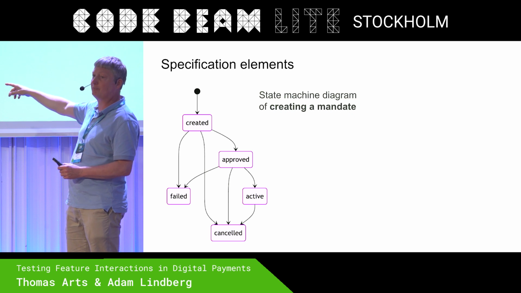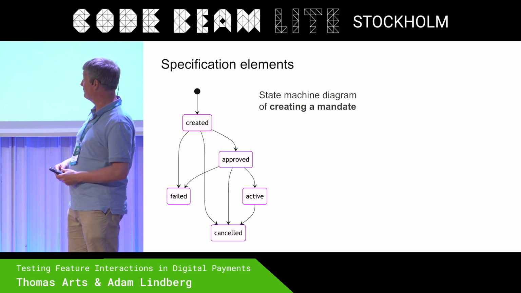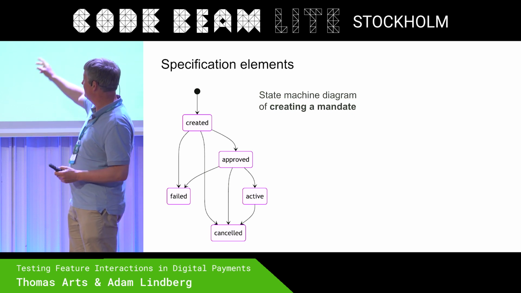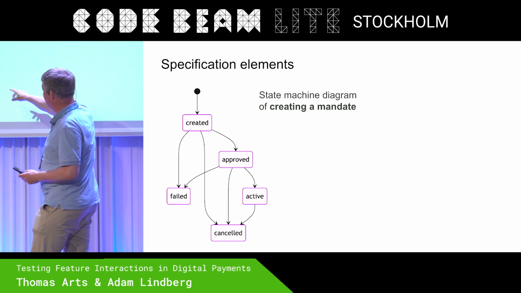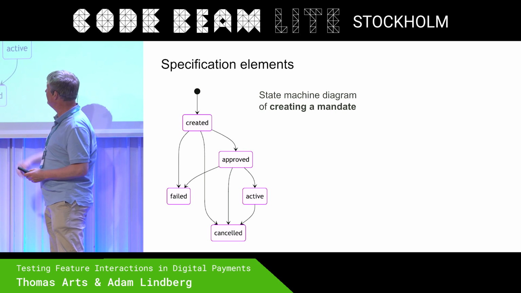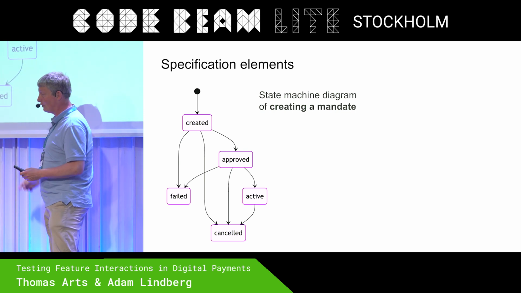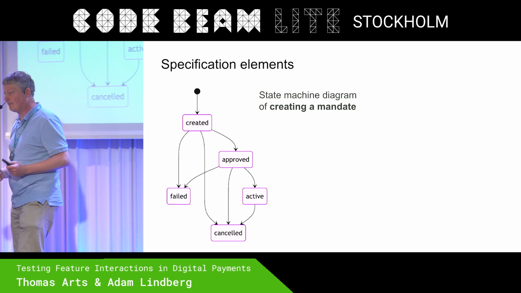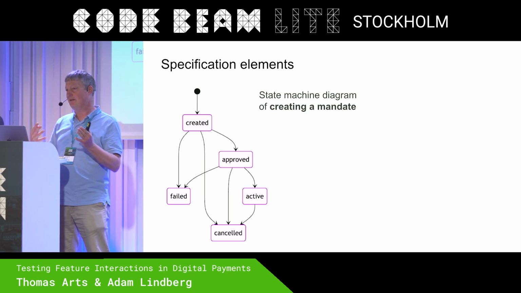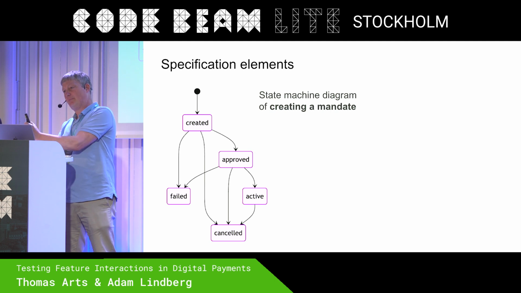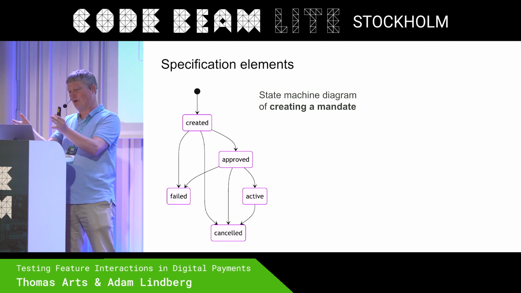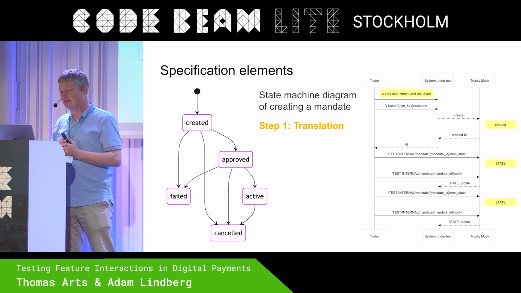It can also fail to be approved because your bank ID was not valid anymore, or whatever reason, then you failed to approve the mandate. But you can go to active, and then you can cancel it any time in this process. So that's the kind of reasoning behind it. So as a tester, you have to combine this picture with the OpenAPI specification and come to some kind of more structured way of writing this down.